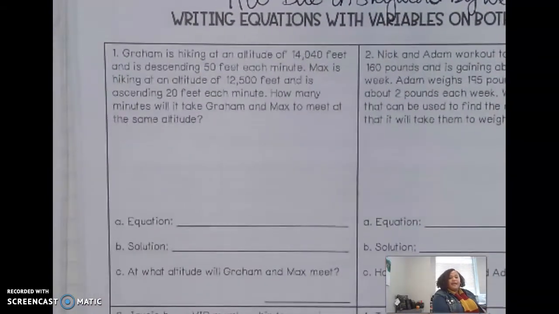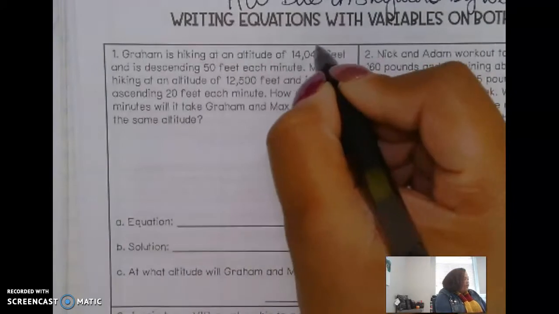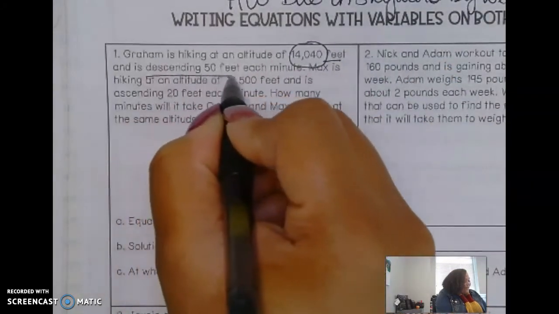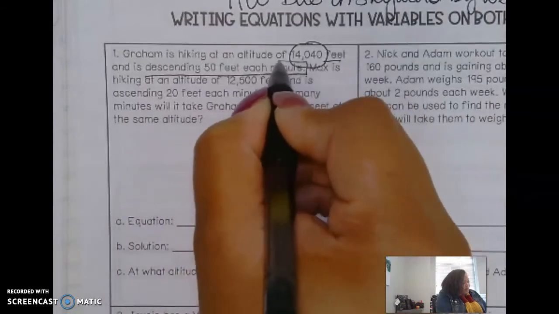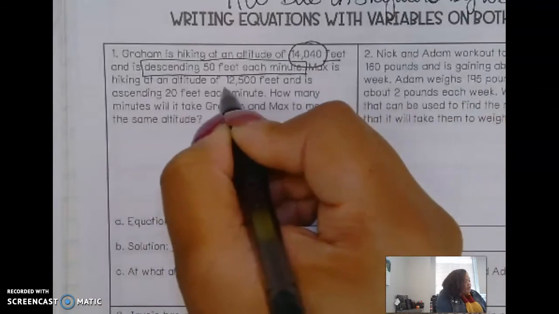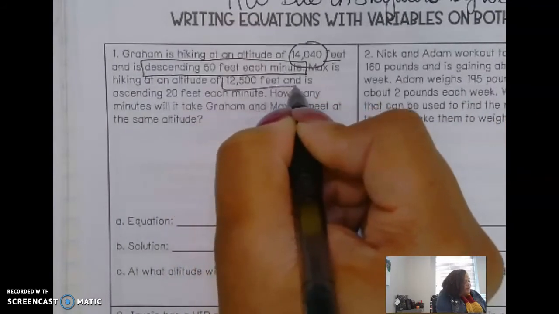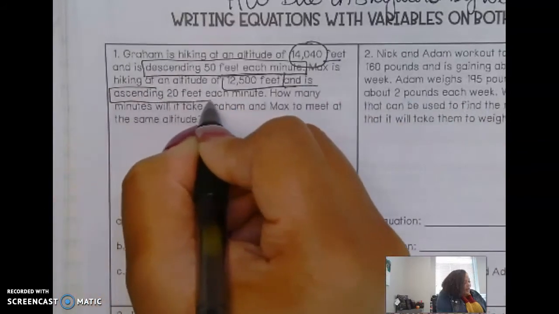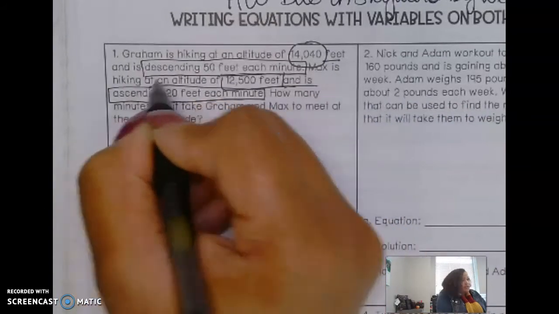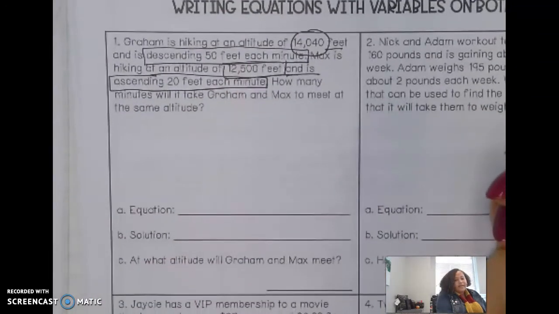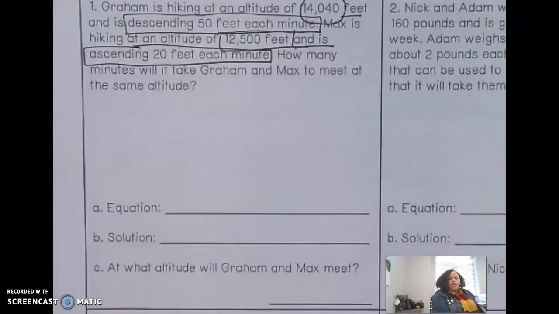All right, so Graham is hiking at an altitude of 14,040 feet and is descending at 50 feet each minute. Max is hiking at an altitude of 12,500 feet and is ascending at 20 feet each minute. How many minutes will it take Graham and Max to meet at the same altitude?